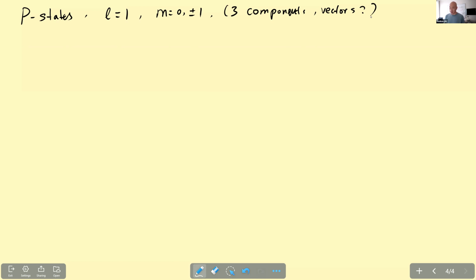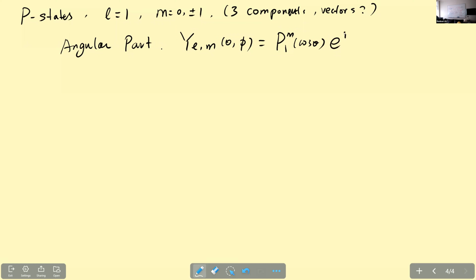So p states, and then if you look at the wave function, the angular part, okay. So the angular part, that is Y_lm(theta, phi). So this one equals to basically P_1m(cosine theta) and e to the i m phi. So it's a complex function. Okay, it's not very convenient to be shown in the xy plane, right?